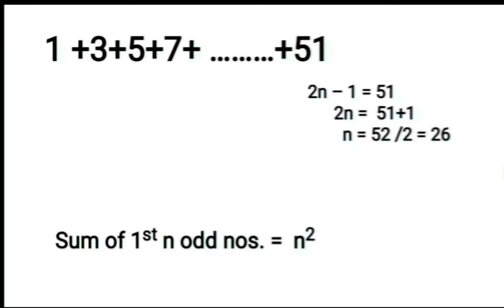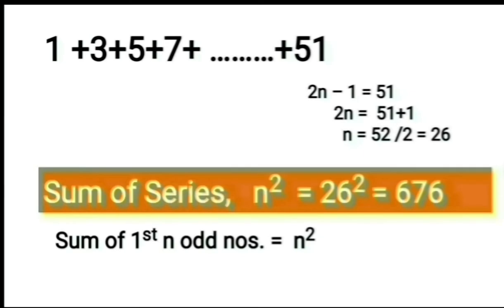Therefore n is equal to 52 divided by 2, which is equal to 26. When finding n for an odd series, we have to add 1 to the last digit and divide by 2. We will get n. Here the sum of the series is given by n square, which is equal to 26 square, which is equal to 676.